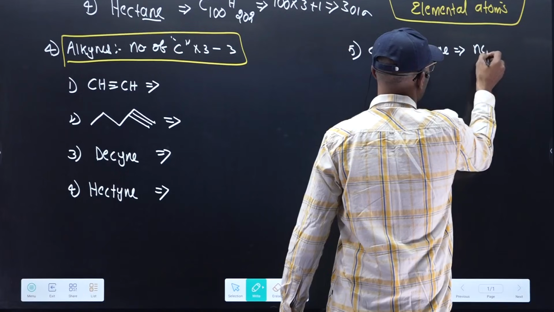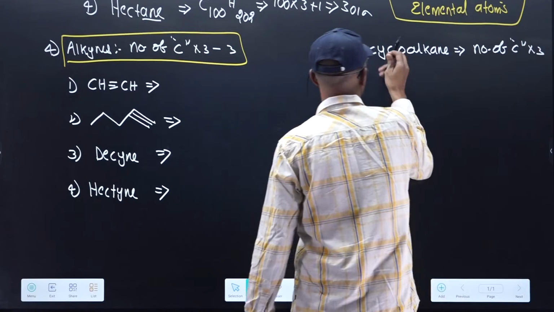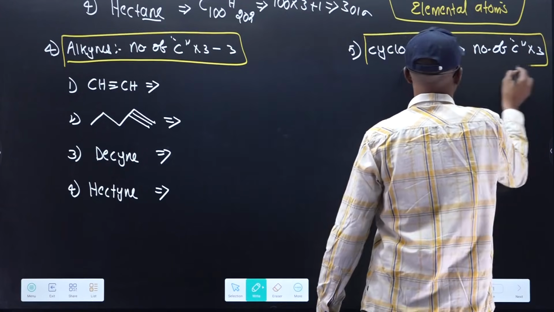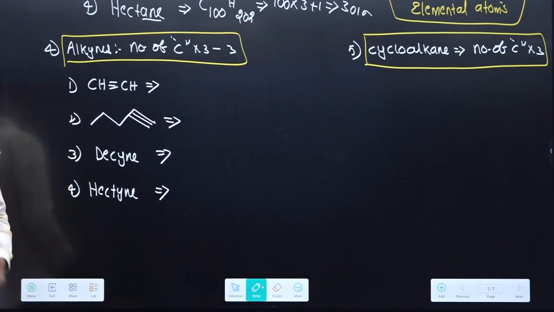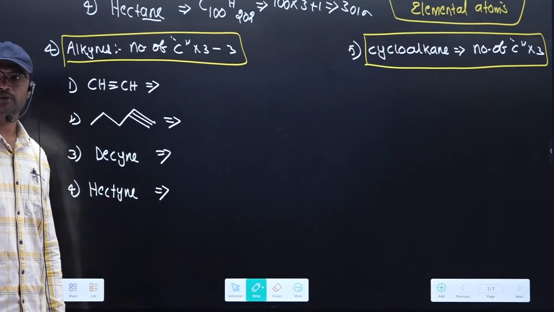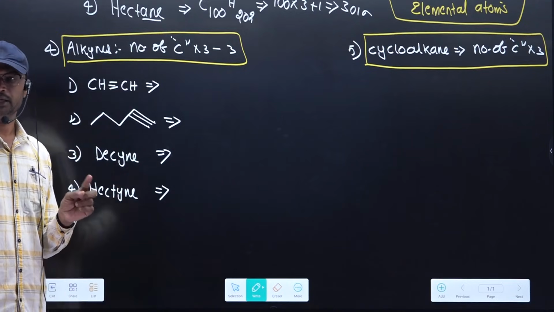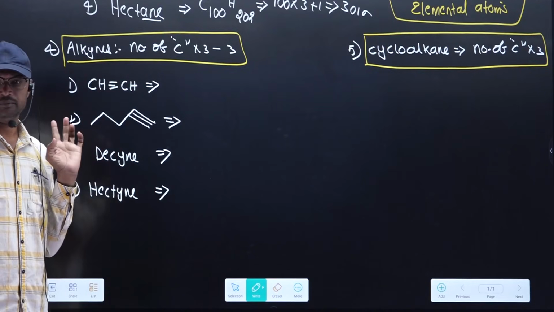Cycloalkane, number of carbons multiplied by 3. Will you work this out? 2 more we need to remove. See, for alkene, what is the formula? Number of carbons multiplied by 3 minus 1. Now here minus 3.